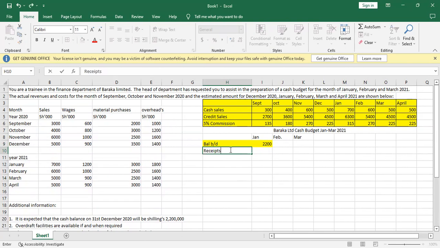The first in the receipts are my cash sales because I have them here. So cash sales for January is 700, 600, 500, right?